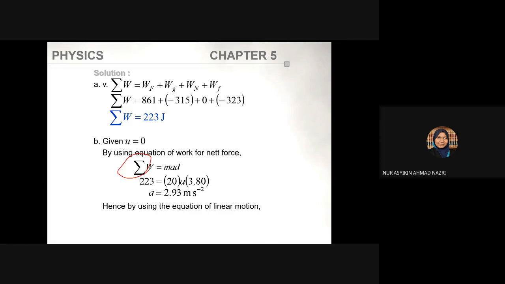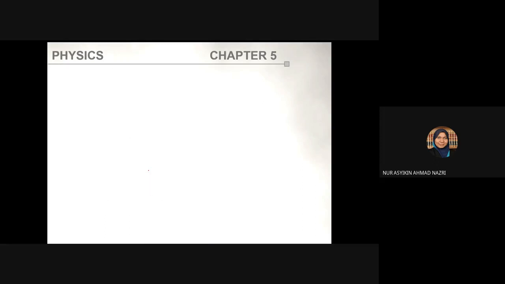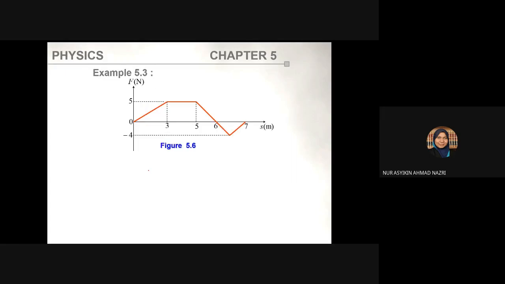Find your acceleration. And then it asks to find the final velocity, so put it in the equation of linear motion, then you may get your velocity.